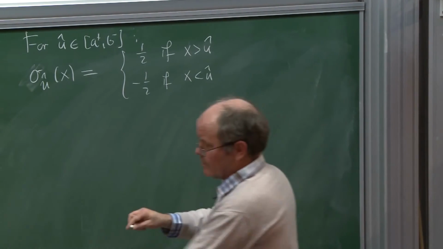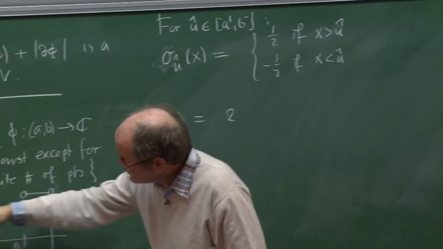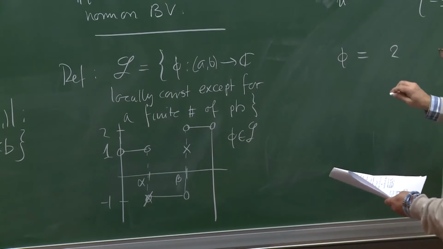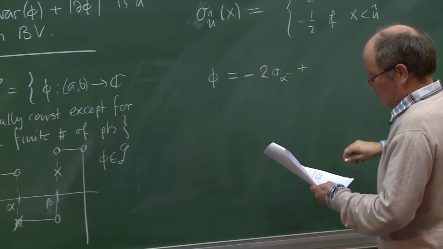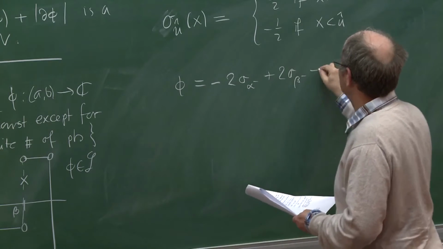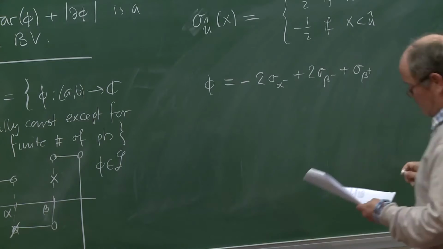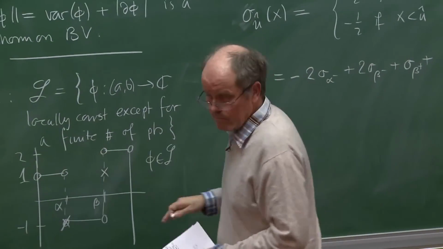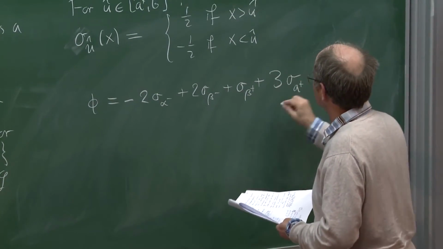But the function phi that I have here, for instance, may be written as, say, from a given value here, you jump 2 values down. So it's like minus 2 sigma a minus. Then you jump 2 up here, so it will be 0 sigma minus. You jump 1 more here, plus. And then finally you add a constant value, which is 3/2, and I might write this as 3 sigma a plus.